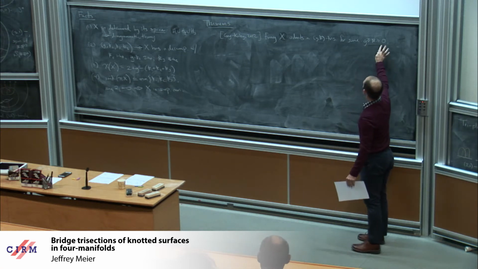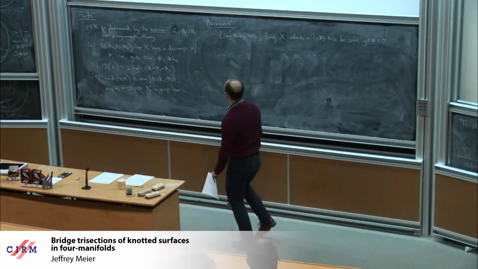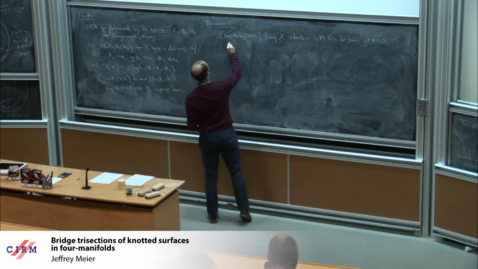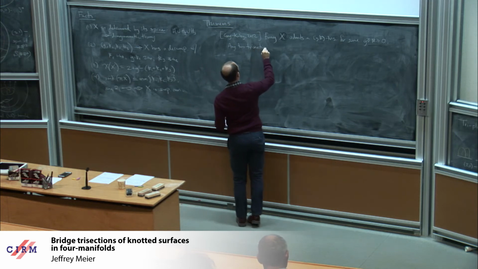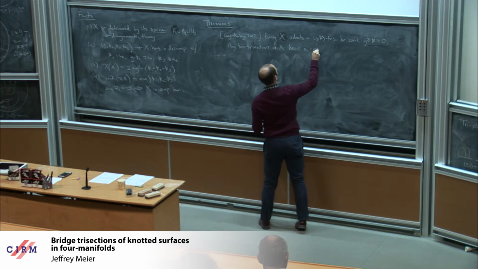Second remark is that there is a relationship between g and k, and you can think about why that is the case. And then the second result is that any two trisections of X have a common stabilization.